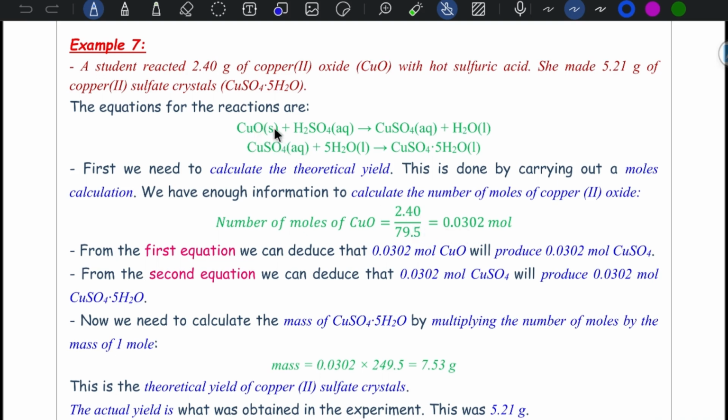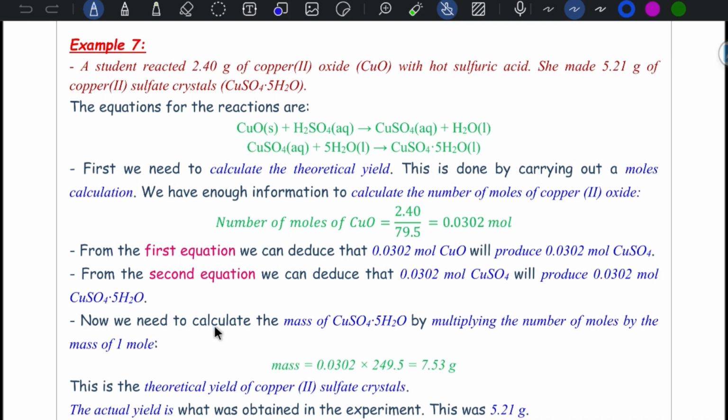Number of moles of copper oxide is the same as copper 2 sulfate, the same as the hydrated form. From the first equation, we can deduce that 0.03 mole of copper oxide produces the same moles of copper 2 sulfate. From the second equation, the same moles of copper sulfate pentahydrate.